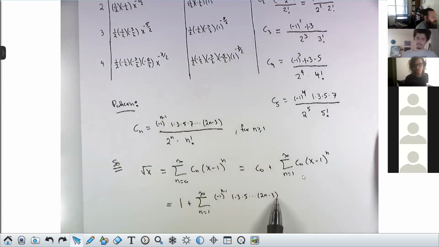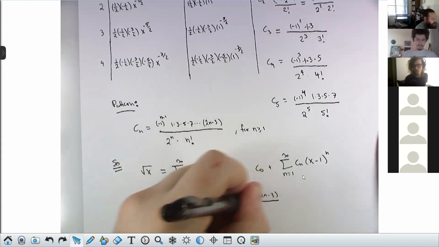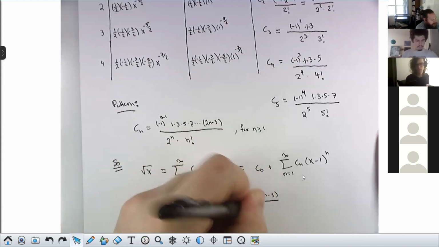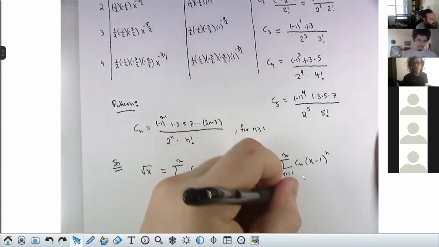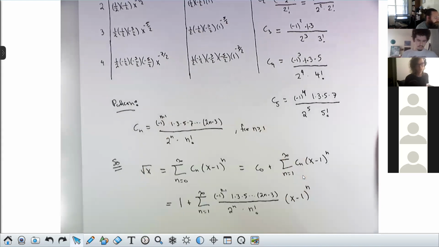You could also call this 2n minus 3 double factorial if you know that notation, divided by 2 to the n times n factorial, all times x minus 1 to the n.